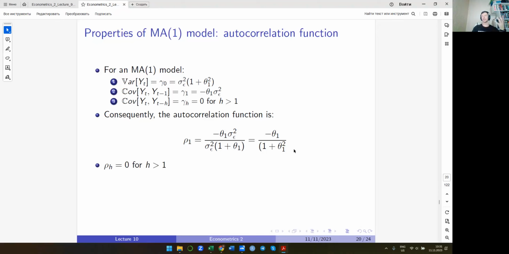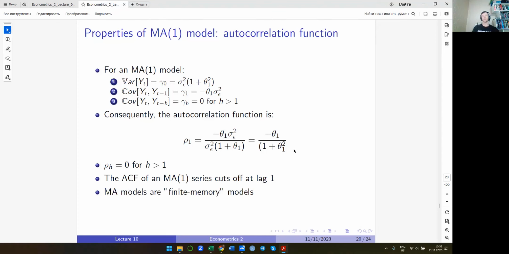All the other lags are 0. For h larger than 1, rho h is 0. So when you inspect ACF for MA1 model, there is only one column at lag 1, which is here, and then it disappears.